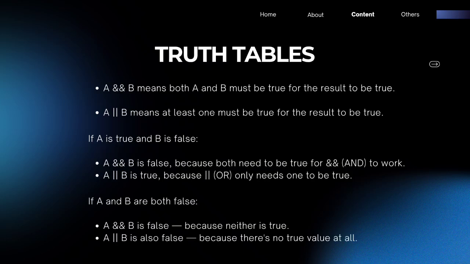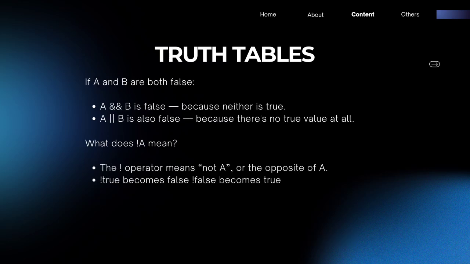If A and B are both false, A and B is false because neither is true. A or B is also false because there's no true value at all. What does NOT A mean?